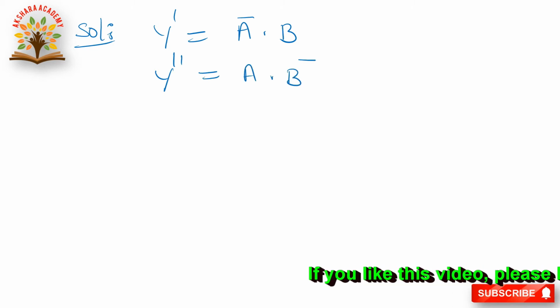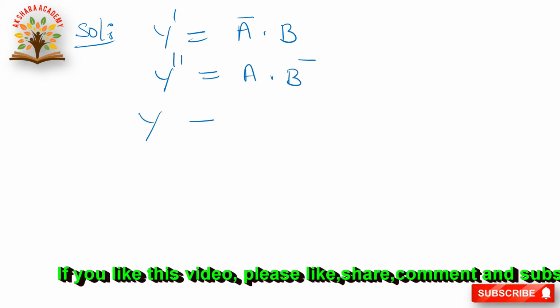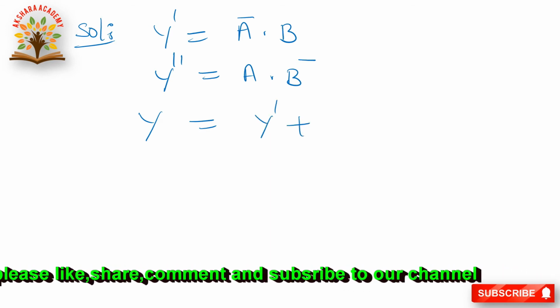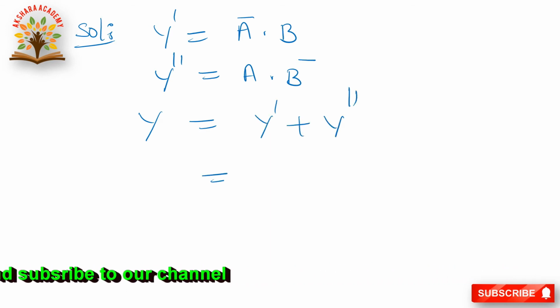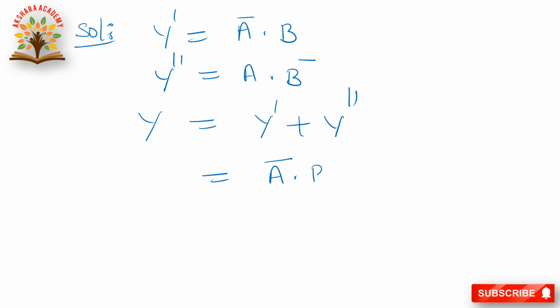Y dash is equal to A bar dot B. Y double dash is equal to A dot B bar. Now total Y is equal to Y dash plus Y double dash, that is equal to A bar dot B plus A dot B bar.